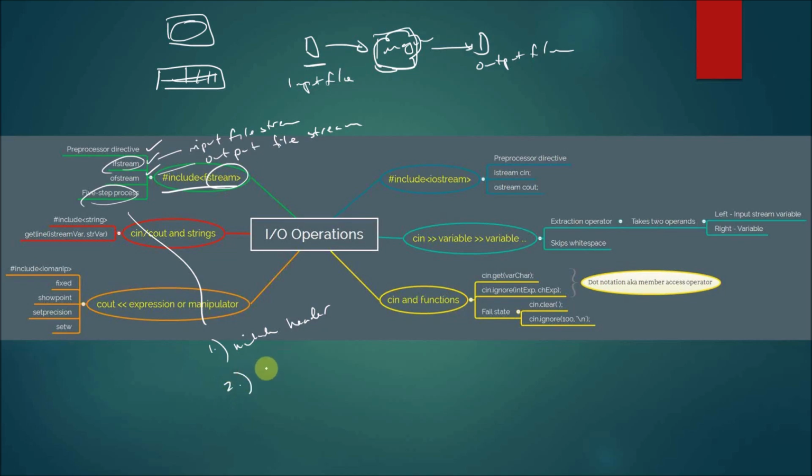The second is to declare our file stream variable, whether it's going to be associated with ifstream or ofstream. The third is to associate the file stream variable with the I/O sources.